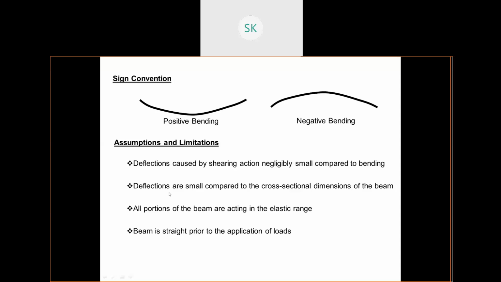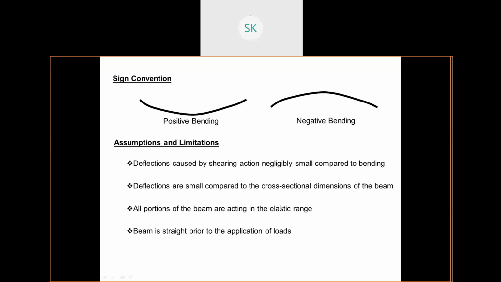You have to design those beams in such a way that you get a very minimum deflection. All portions of the beam are acting in the elastic range, so whatever bending deflection is coming, it is coming in the elastic region. And what is the elastic region? Every topic of the classes is related, right?